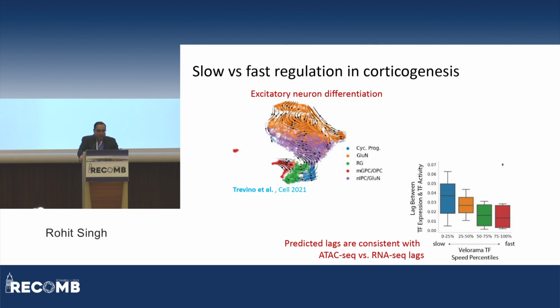But I want to spend a few minutes just talking about what we found, because I think it's really cool. We took the 10 slowest transcription factors and the 10 fastest ones. What I'm showing you here is that the fast transcription factors seem to be differentially expressed in brain tissue, and this is based on ENCODE type data.